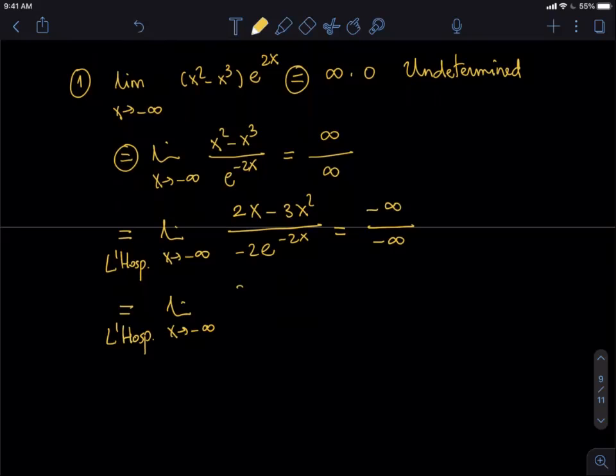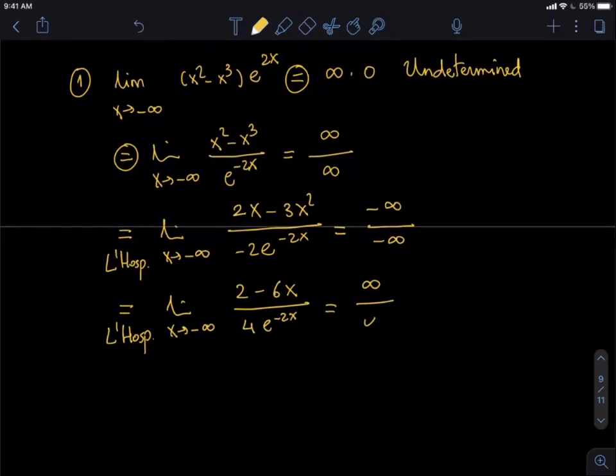So one more derivative: 2 minus 6x divided by 4 exponential of negative 2x. And when x tends to negative infinity, I get infinity in the numerator and infinity in the denominator. And it's still undetermined, but it's still something that L'Hopital can manage.